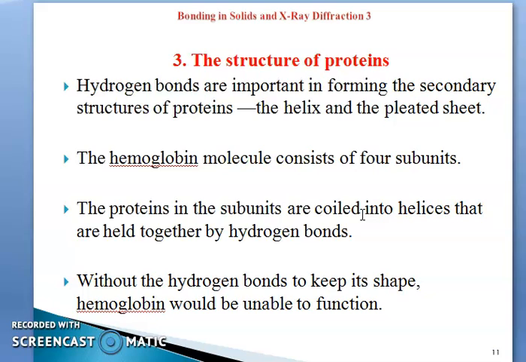And without hydrogen bonds to keep its shape, hemoglobin would be unable to function. So these are the three main reasons.